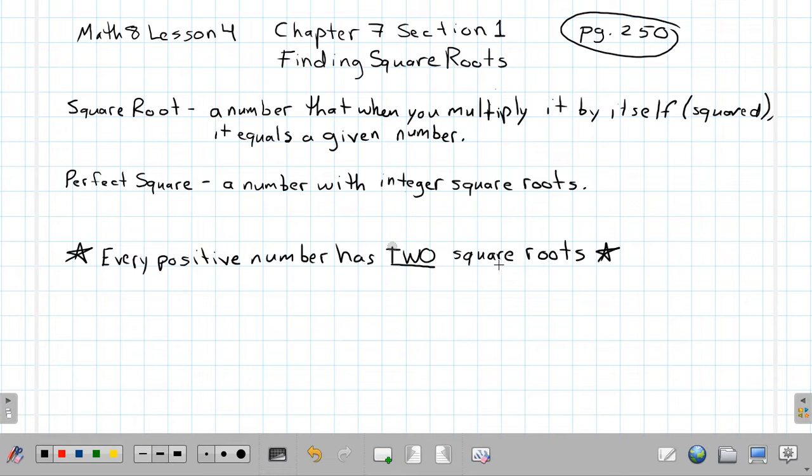And I'll show you what I mean by this when we look at the next example. But every positive number actually has 2 different square roots that we can have.